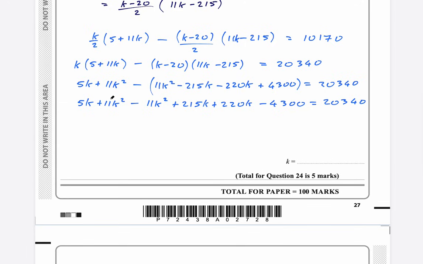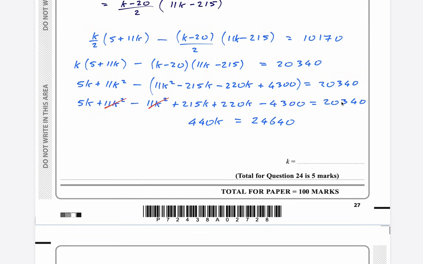Now, nice. I was really hoping I didn't have to solve a quadratic here, and I don't. So they have gone. Now let's add these up. So 215 plus 220 is 435 plus 5 is 440. So this is 440k equals this plus this, which is 24,640.